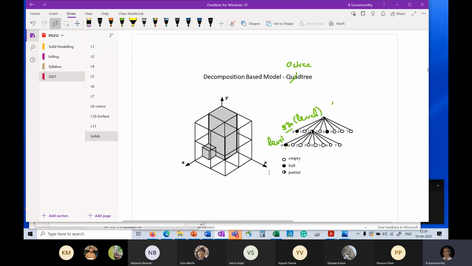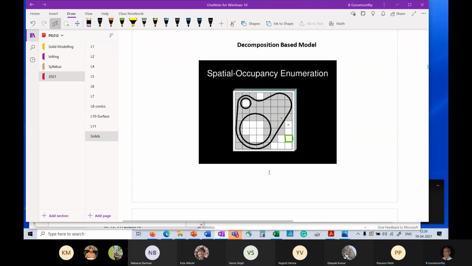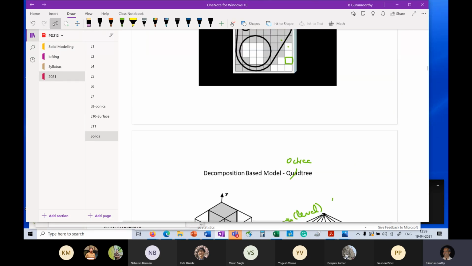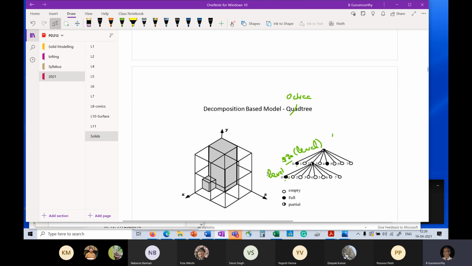And I have listed the advantages here in both cases. The advantages are that computing properties is an arithmetic operation. What I mean by that is that there is no major computation to be done. You just have to count the number of cells at each level multiplied by the volume associated at that level.